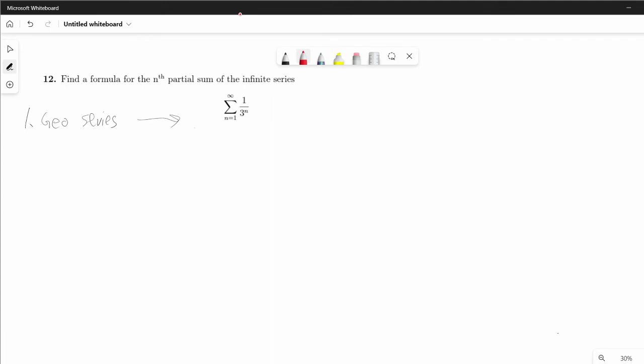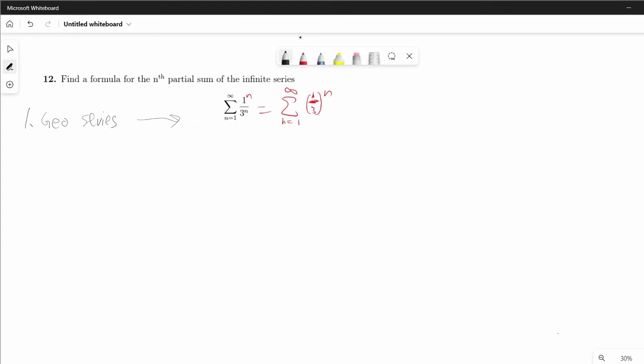Geometric series are like something to the n, where you get 1/2, 1/4, 1/8, or 1, 2, 4, 8, etc. If you could realize that, you can add a 1 to this, since it's all 1, and this is just the sum of (1/3)^n, that's the geometric series you're looking at. And the partial sum of a geometric series does have a formula.